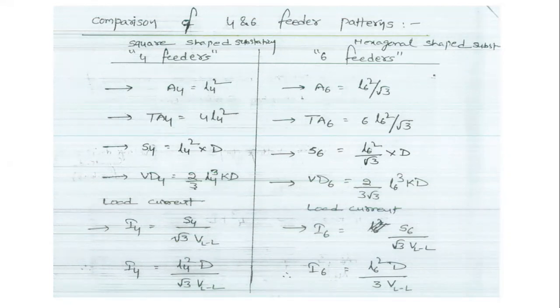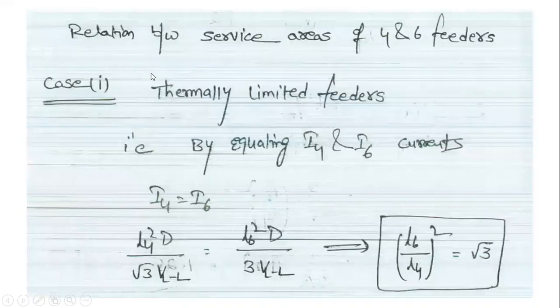This is the comparison for the 4 feeder and the 6 distribution feeders. Then next, what is the relationship between the 4 feeders and the 6 feeders? First, the relation between the surface area of the 4 and the 6 feeders.